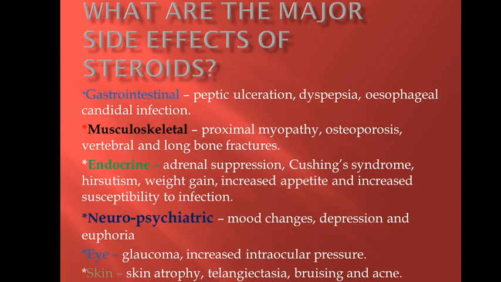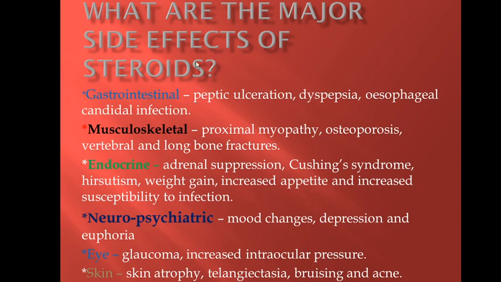So what are the major side effects of steroids? We're going to mention the systems that may be affected and examples of each. For example, the first system is the gastrointestinal system.